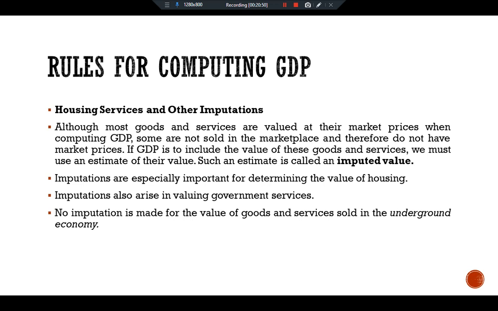The size of the underground economy, for example, varies widely from country to country, yet as long as the magnitude of these imperfections remains fairly constant over time, GDP is useful for comparing economic activity from year to year.